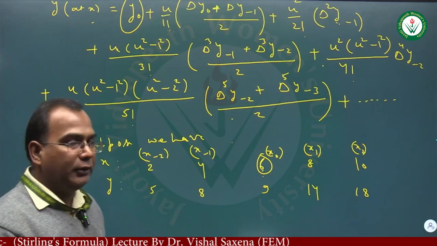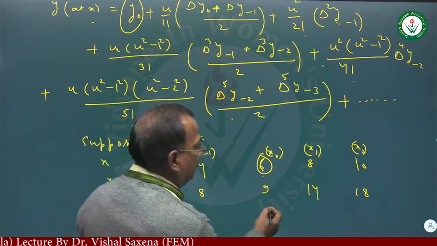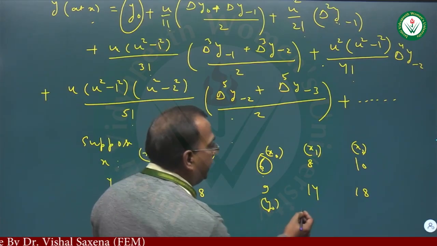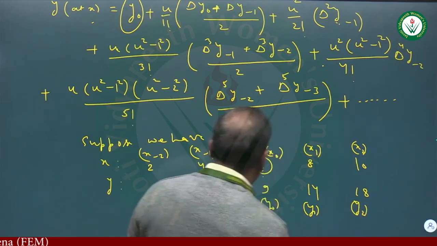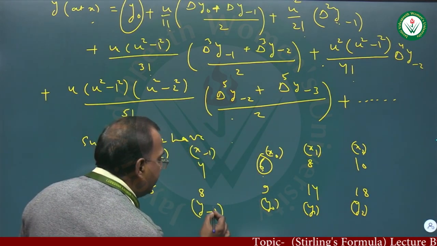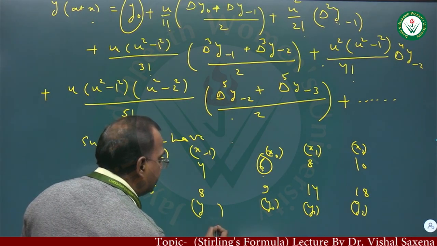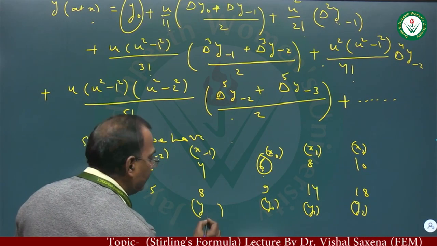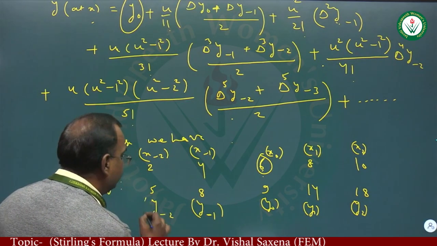So these are the notations, and corresponding to these, we have y naught, y1, y2, y minus 1, and y minus 2.